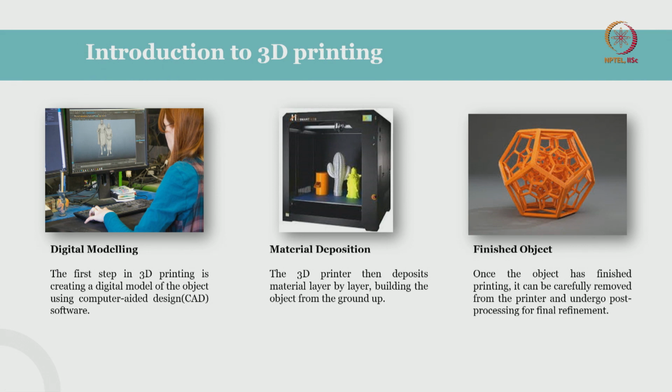Then we will pass those files to our 3D printers, and depending upon which kind of 3D printer we are using, it will manufacture that object, and then those objects will be sent for post processing machines or manual post processing. So we will be getting a finished object exactly like how we modeled it in our CAD software. So that's a general introduction of 3D printing.